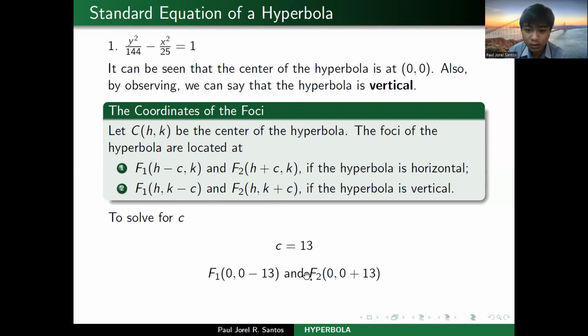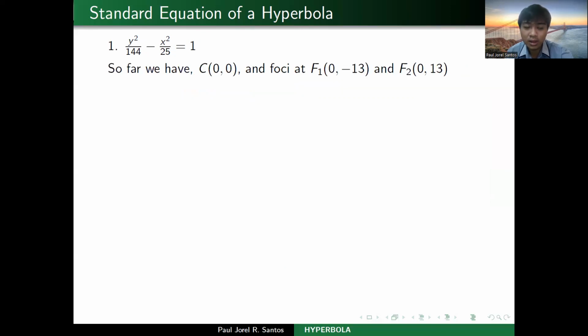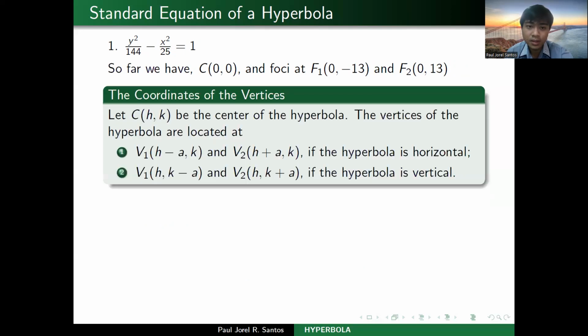Same goes with the other one. The only difference is that this is subtraction and this is addition. Simplifying this will give us (0, -13) and (0, 13). Those are the coordinates of the foci.